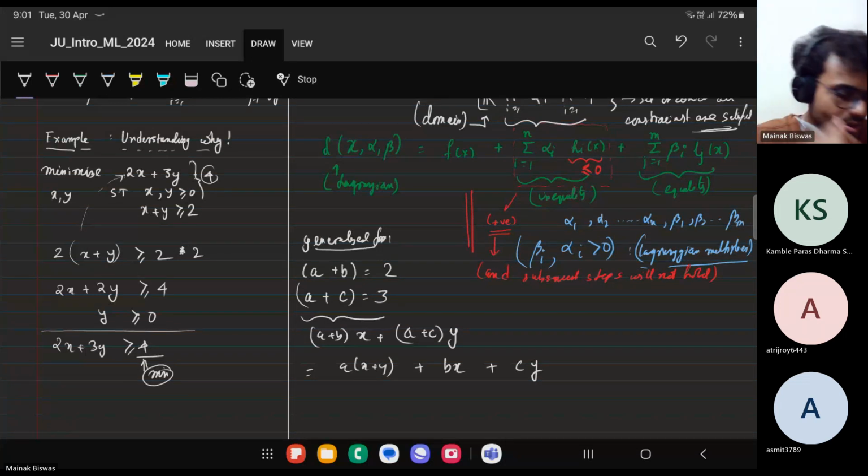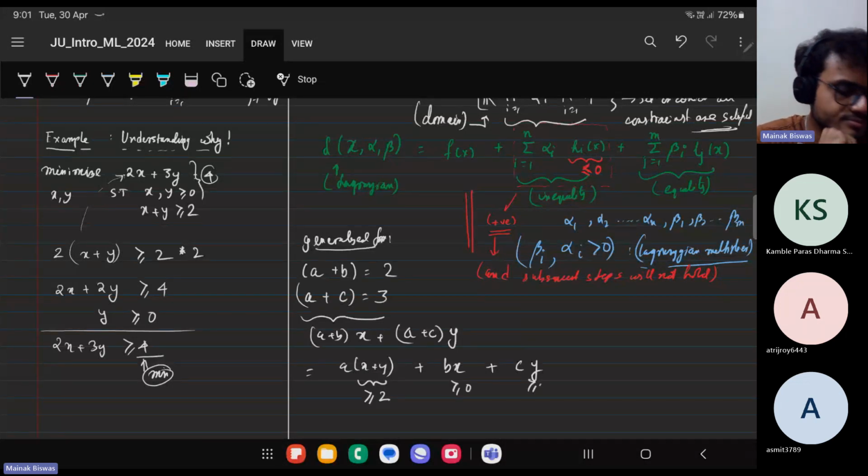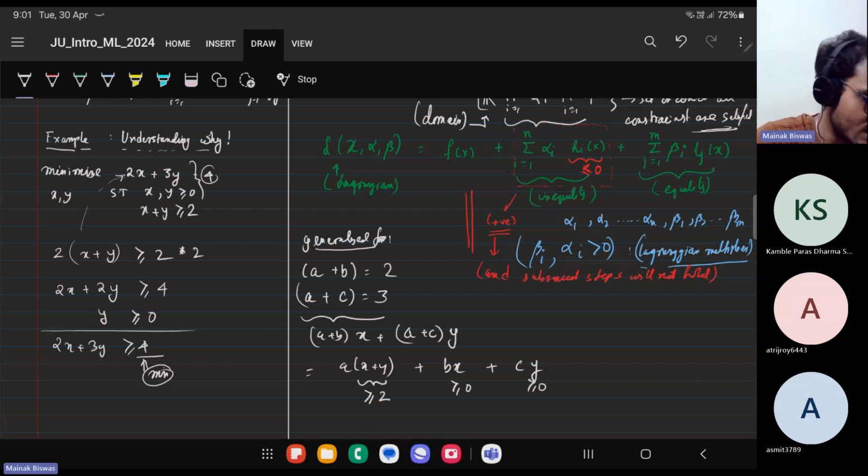Now this has to be greater than or equal to 2, this has to be greater than 0, and this has to be greater than 0. Correct? Yes. I have been able to separate out the constraints.